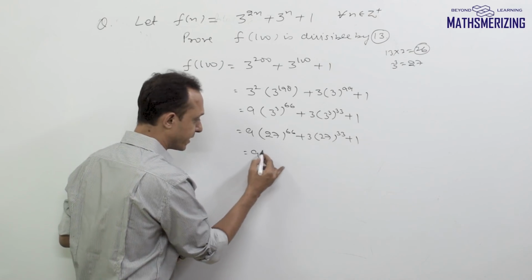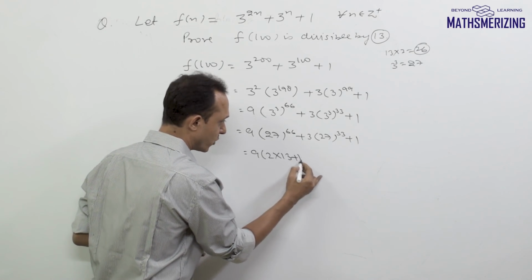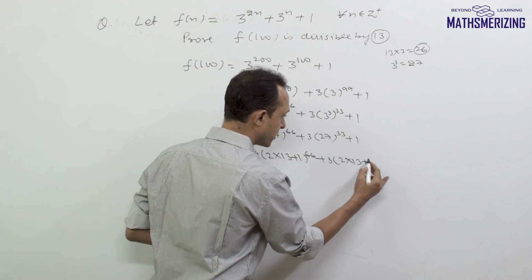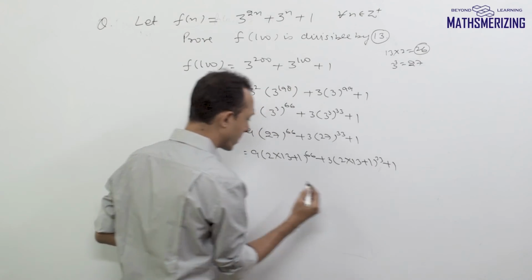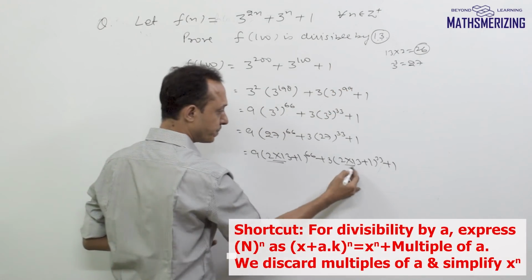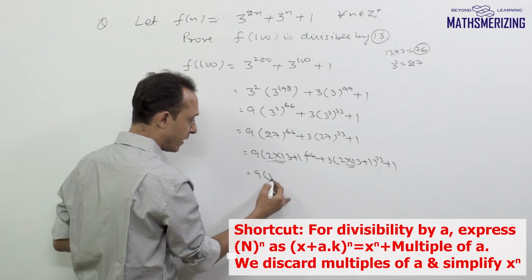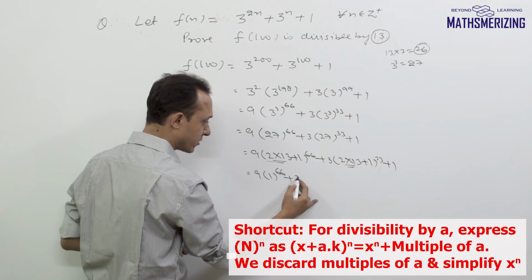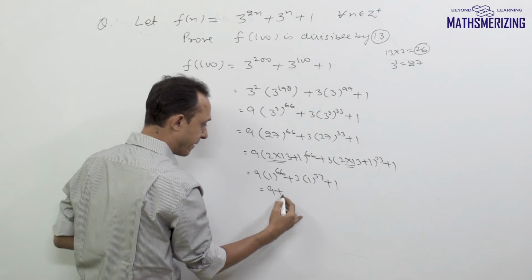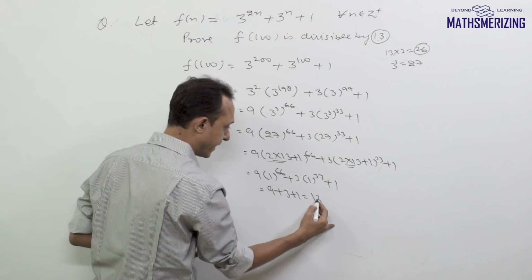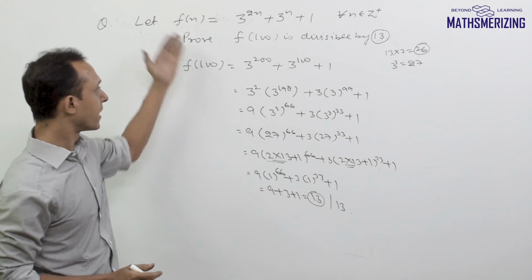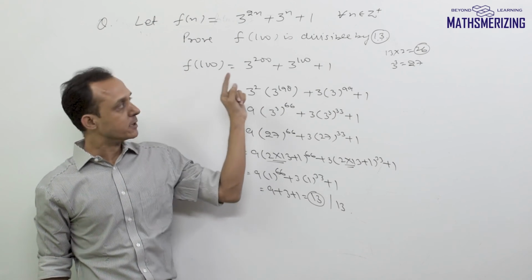So I'll write this 27 as 2 into 13 plus 1, again 2 into 13 plus 1 to the power 33, and then plus 1. Because we are looking for divisibility by 13, I'll discard the multiples of 13. So I'll write 9, 1 to the power 66 using shortcut. So this is 3, 1 to the power 33 and then plus 1. So this is 9 plus 3 plus 1, which is 13, which is again divisible by 13. So this entire number f(100) will be divisible by 13.